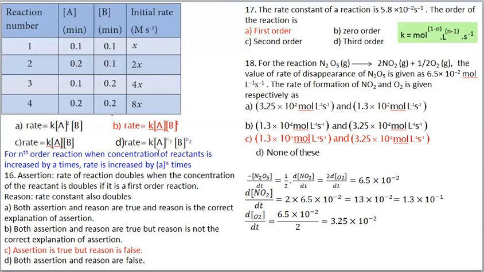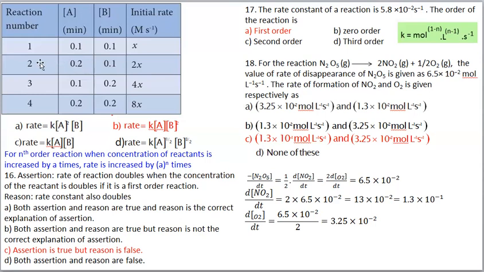N is equal to 1 means order with respect to A is 1. Then order with respect to B, we have to find out. For that, you see, A concentration here is 0.2, here also 0.2.